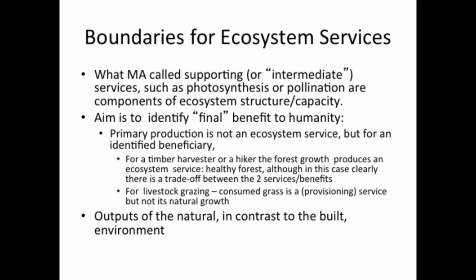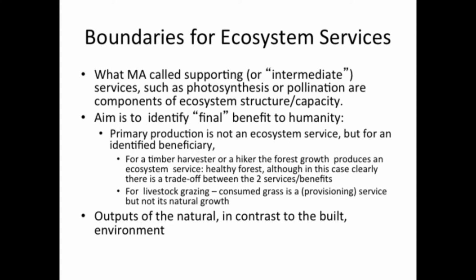But there are some boundary issues that are not exactly the same in the UN experimental ecosystem accounts as compared to the EPA's FEGS. So there is some lack of consensus in terms of the details and how this concept is implemented.